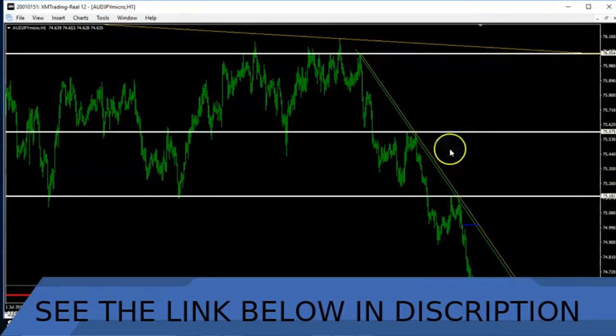Tell you. So whatever point that we have right now, that doesn't matter, because the trend line is going down.